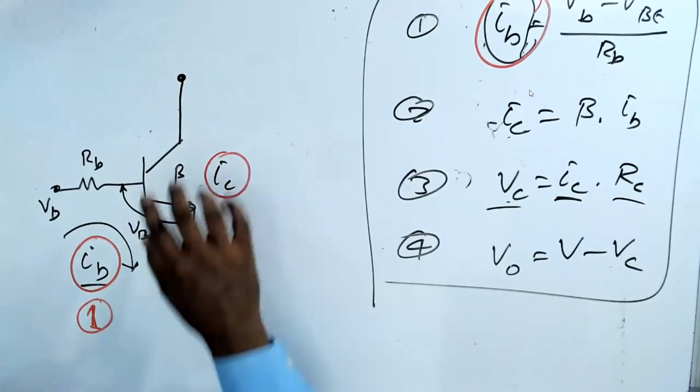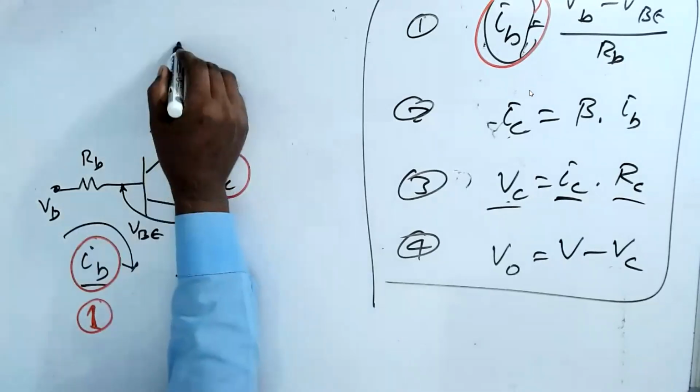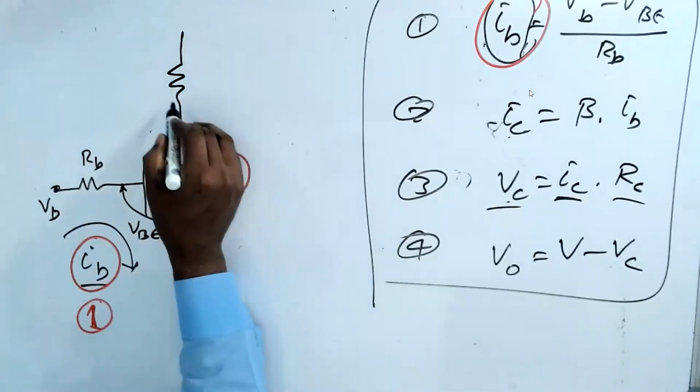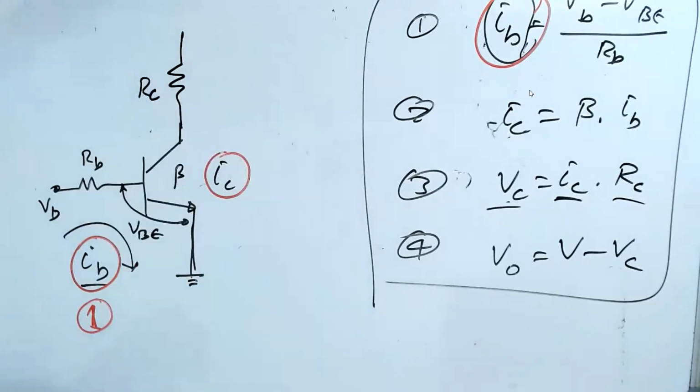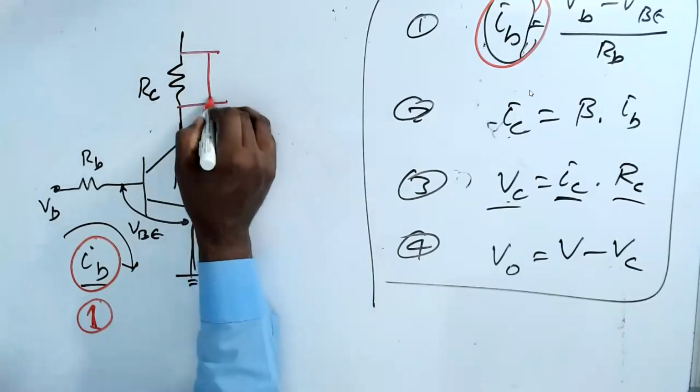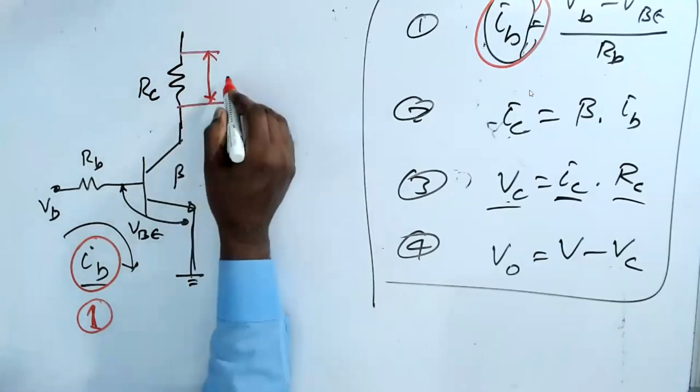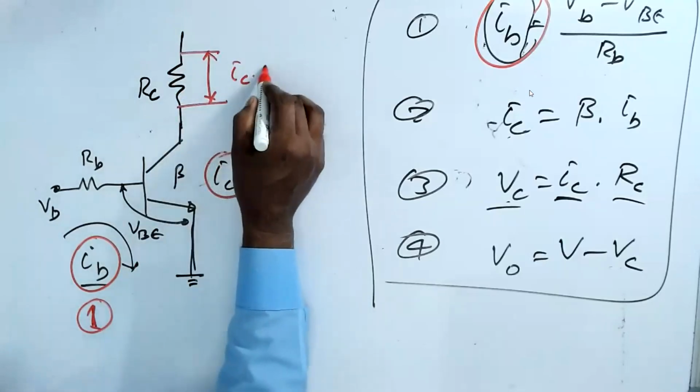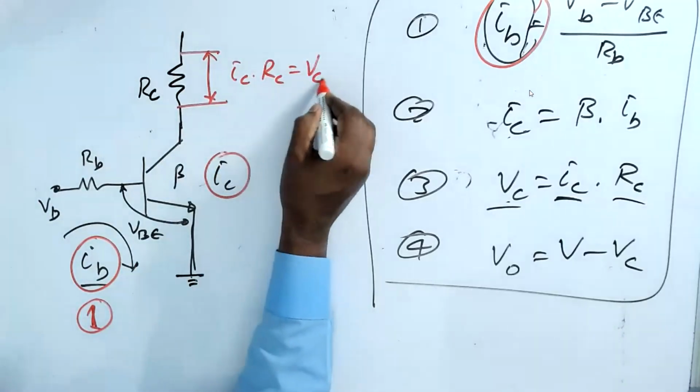And the third step is we have a resistor called RC, and we should find out the voltage difference across this. So IC into RC is equal to VC.